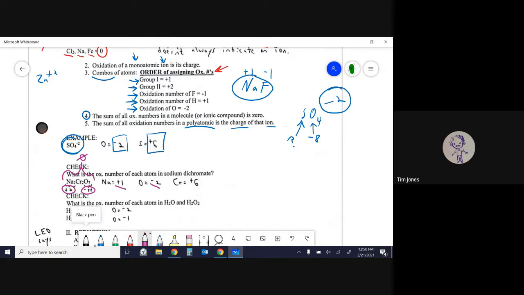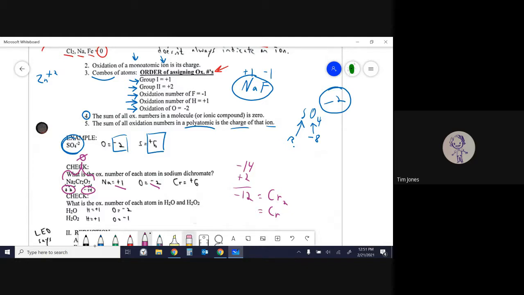So you have to think, what must the chromium be? Well, -14 plus 2. Okay, now we're at -12. But the -12 is going to represent both chromiums. And so you have to think, well, what must each chromium be?